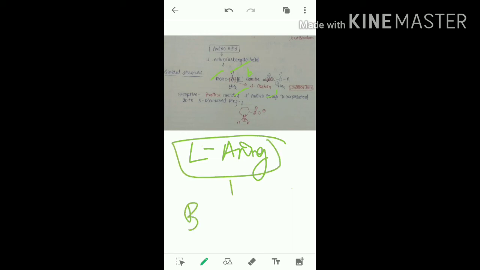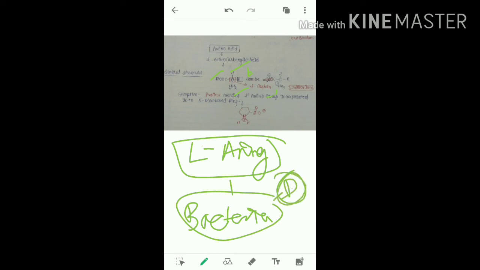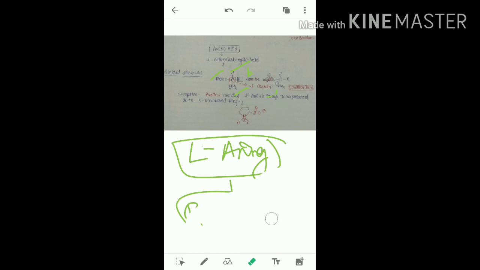but in bacteria some antibiotics contain D amino acids. For example, in bacteria murein is present.